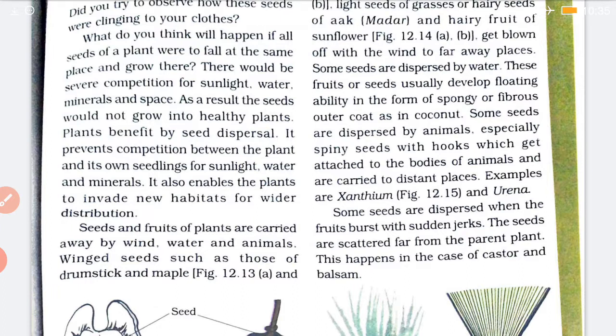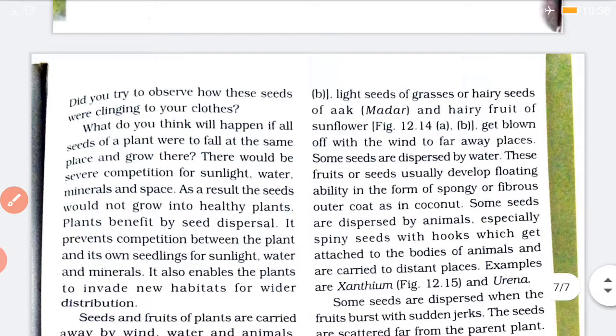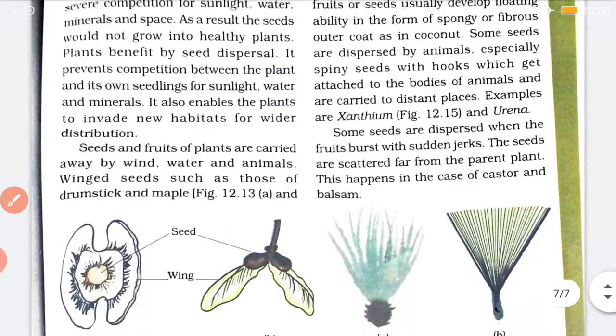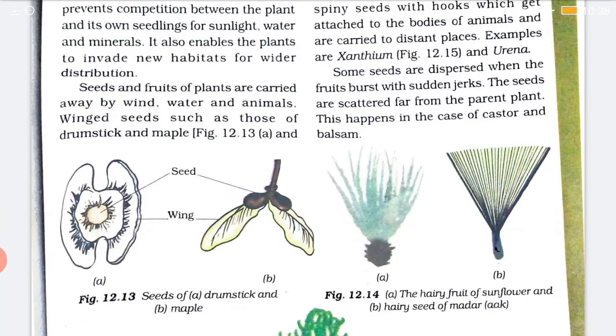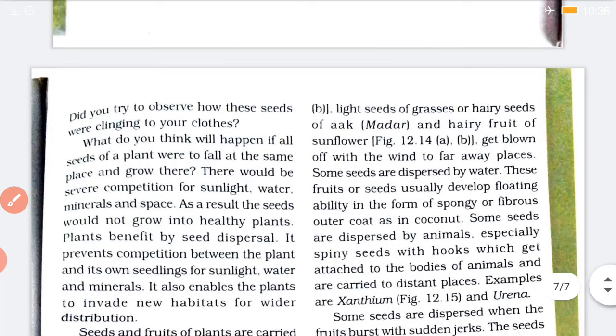Now, the seeds which are carried by wind have to be light. Agar wo bhari honge, if they will be heavy, they will not be carried by wind. So example is drumstick, sahjan, maple. They are winged. See here, it is given here. The seeds of drumstick and maple are winged so that they can be easily carried by wind.